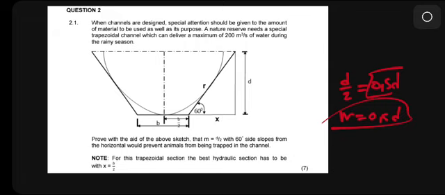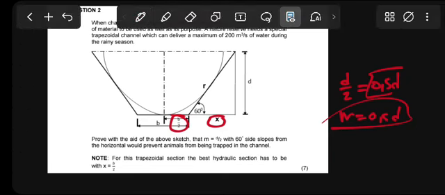Then you have a note: for this trapezoidal section, the best hydraulic section has to be that X we've been given. They've just told me, note, this X is equal to that, and that is where we're supposed to start. They've given us the hint. And then X is tan.